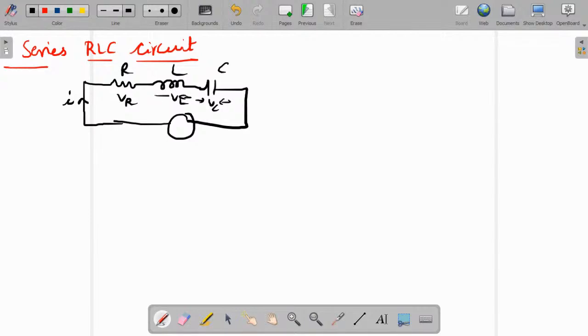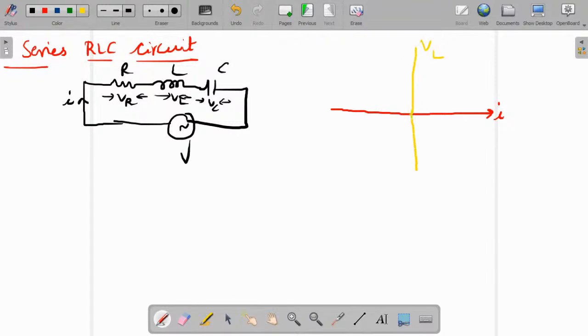So how can we write V? Before that, let us draw the phasor diagram with respect to I. The voltage across the inductor will be leading, so this will be VL.